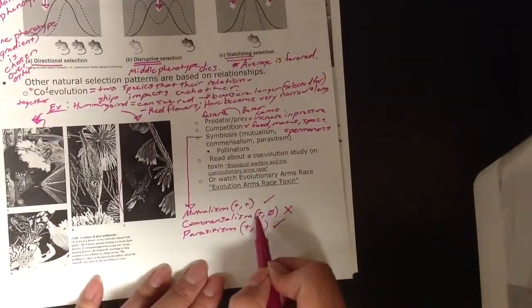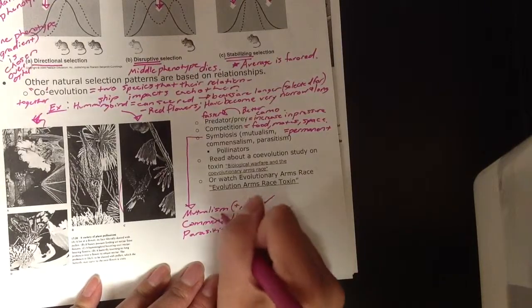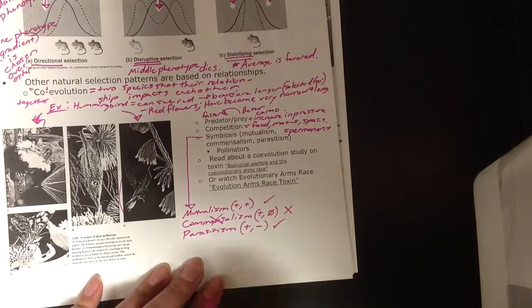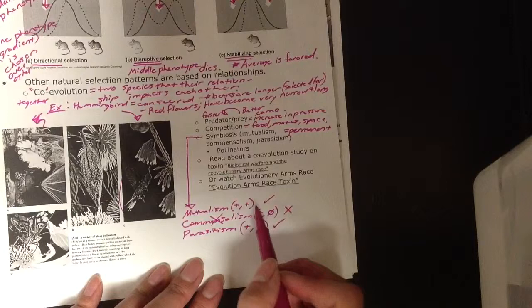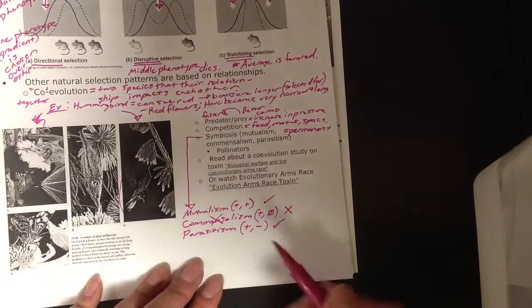If only one guy benefits, but the other does not, well, what's the benefit? Okay, there is none. So we're not really going to have many commensalistic relationships that are going to lead to coevolution. However, in mutualism, when both are benefiting, this could be something that helps them even more.